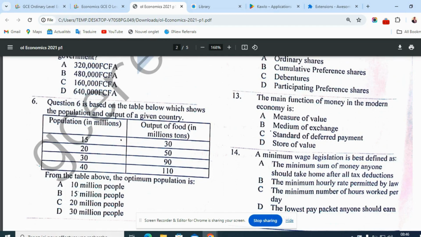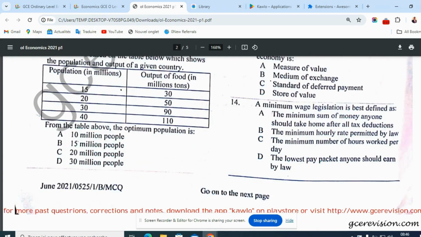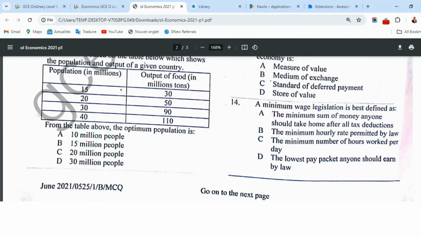Now let's go to 14. It says a minimum wage legislation is best defined as. So that is 14. The minimum wage legislation is best defined as A, the minimum sum of money anyone should take home after all tax deductions. The minimum hourly rate permitted by the law.